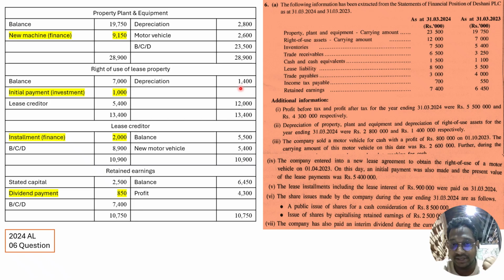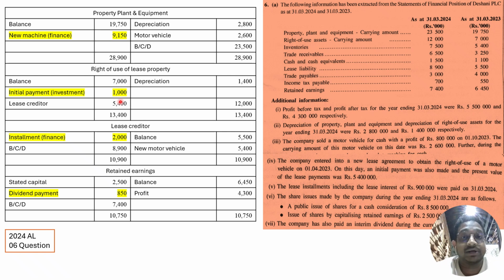And the lease creditor, yes, the initial lease credit is 5,400. It should also debit to the right of use of lease property. So by balancing this, then you can find out the initial payment, investment decision. Sorry, yeah, it should be mentioned under investment decision.